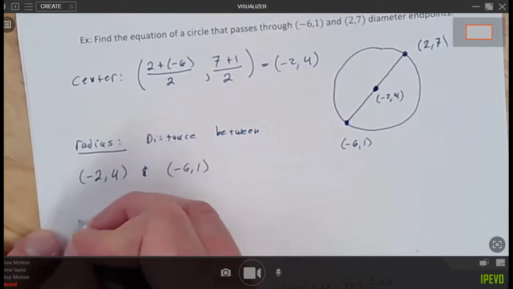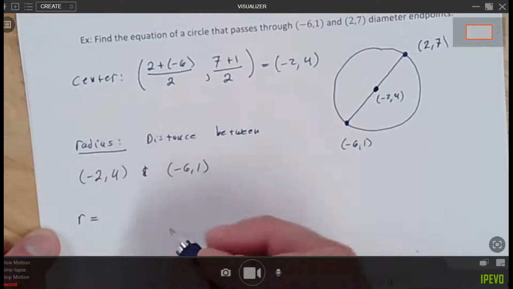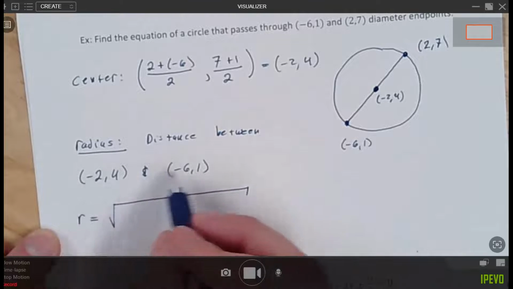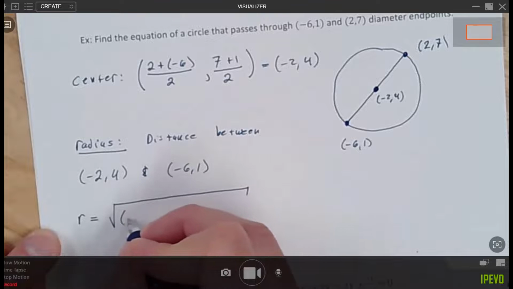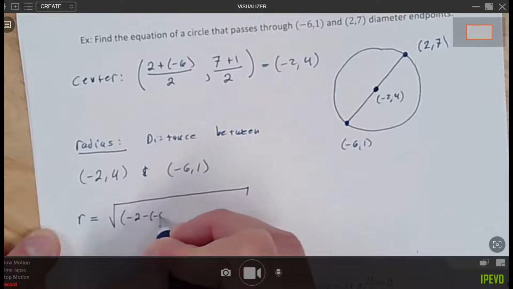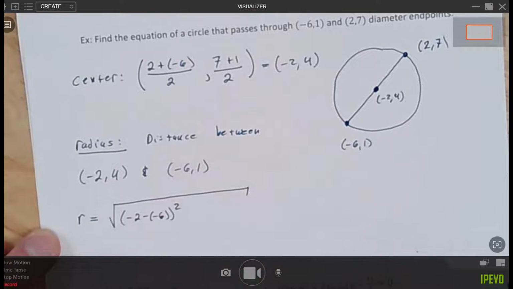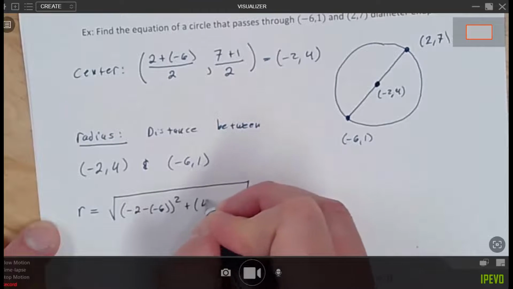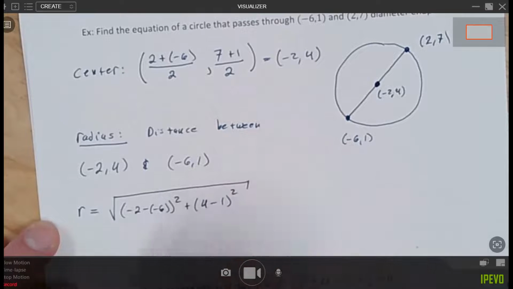So my distance, which I'm going to call r because it is the radius, is the square root of the difference in the x's, -2 minus -6 squared, plus the difference in the y's, 4 minus 1 squared.